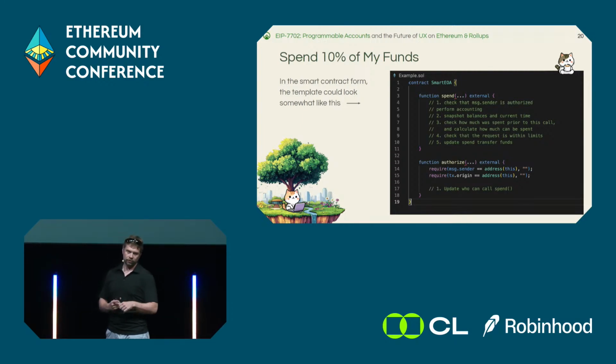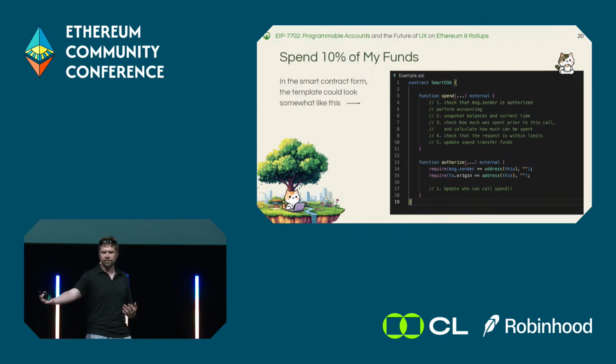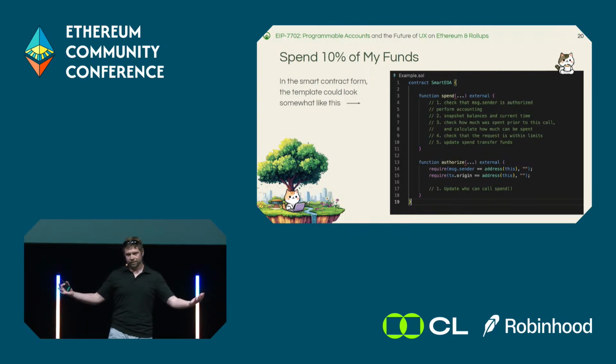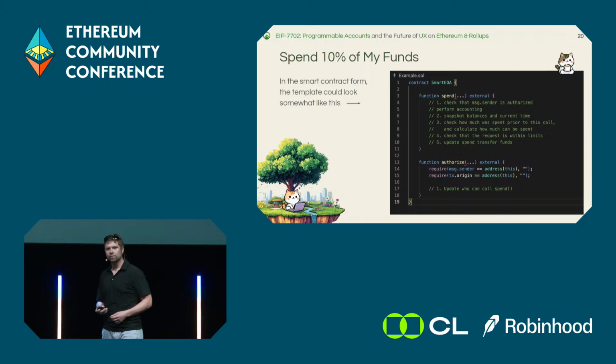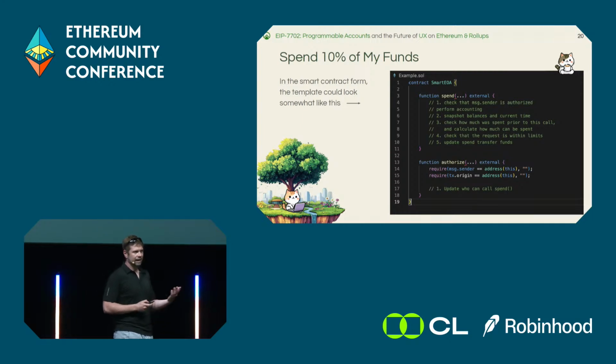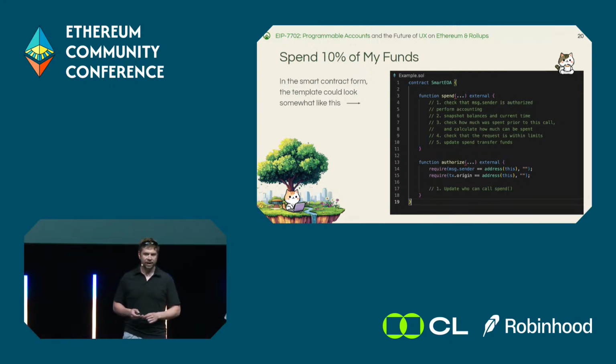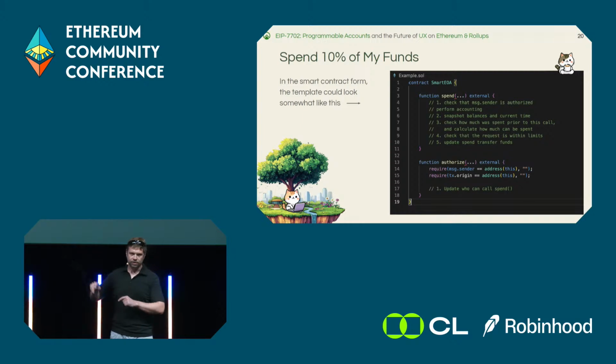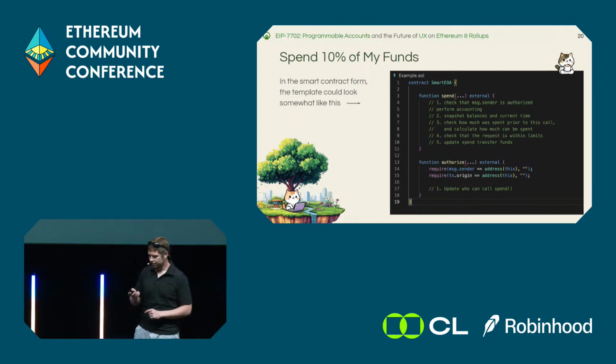So you would snapshot your current balance, you would snapshot the current time, then you would calculate how much was spent before by this entity, whether the request for spending more is actually still within the limits, then you would update your accounting, and then you would eventually transfer the assets to them. And all of that would happen automatically at the request of the person who actually submitted that transaction.